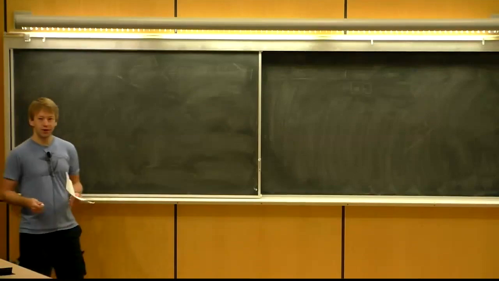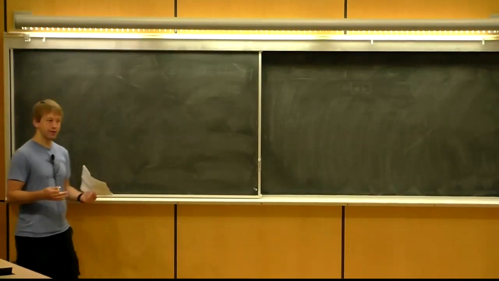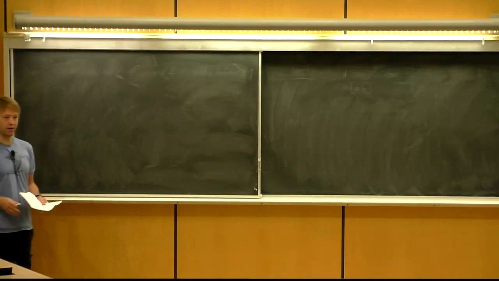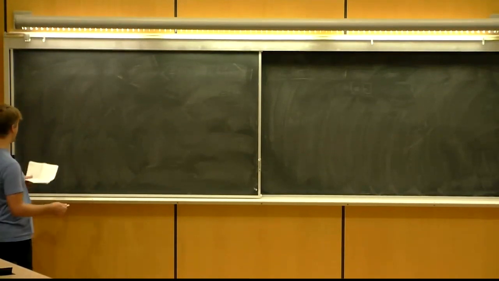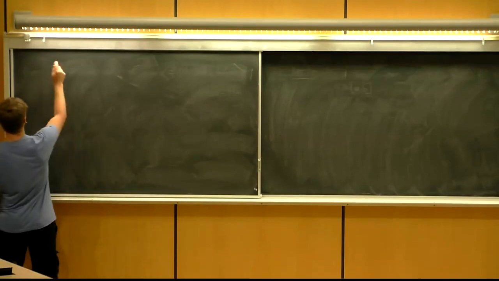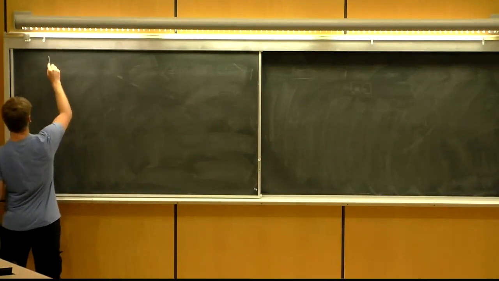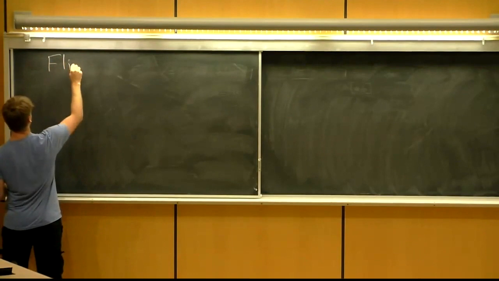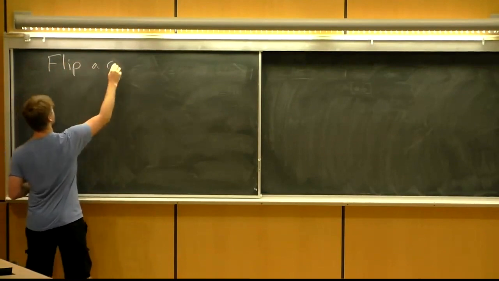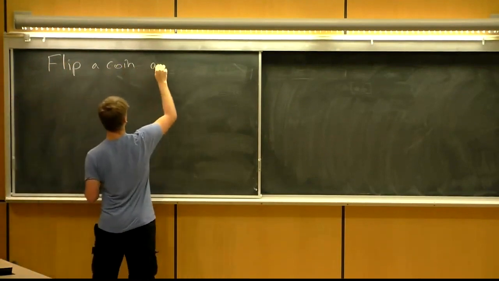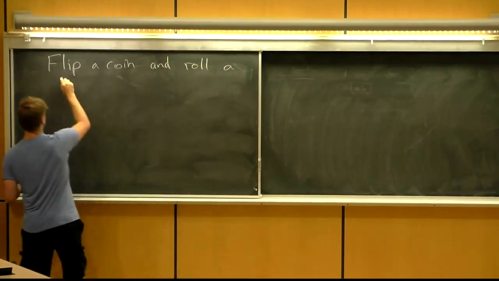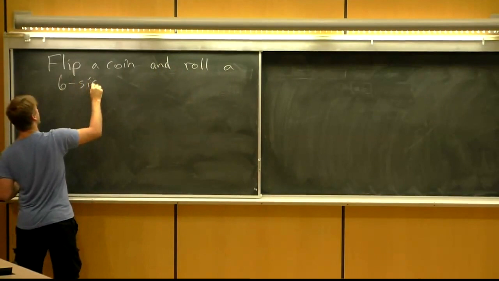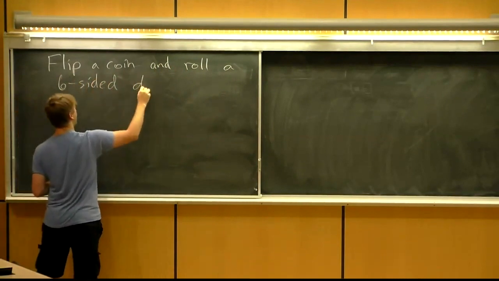So last time we started with section 6.1, which is on sample spaces, experiments, events, and stuff like that. Let's just do an example. Flip a coin and roll a standard six-sided die.